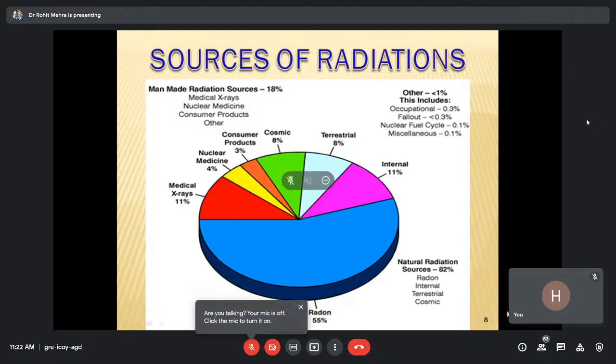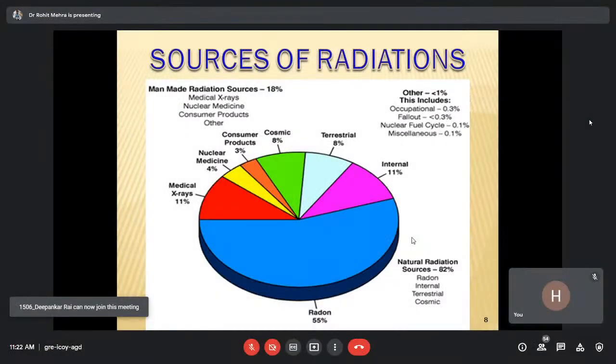So that is why the study of radon is very important. If you study radon, you could assess the total 55% contribution due to one source itself. And secondly, why is radon important?